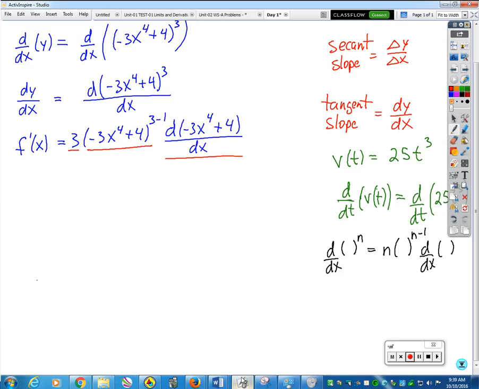Now it's time to do the same thing again, but the situation now is different. This answers both Soren and Landon's questions. Look here, the d/dx operator is now being applied to this situation. It's no longer a power function, because this is only being raised to the first power, and we won't use the power rule in that case.